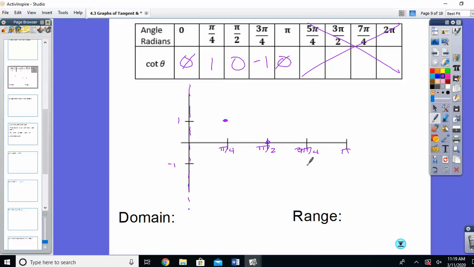Pi over 2 is 0. 3 pi over 4 is negative 1. And pi was undefined, so vertical asymptote. And the graph will look like that. It's a curve approaching your asymptotes, not actually touching them.